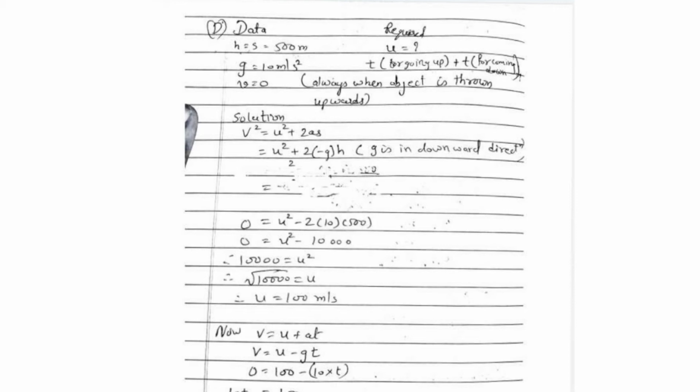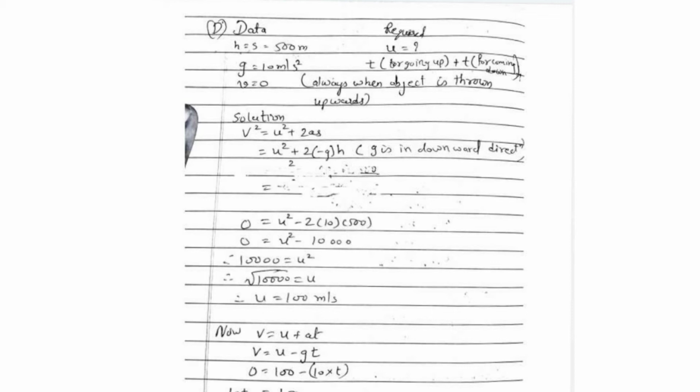So the formula is U square plus 2AS. So U square तो है ही, correct? 2 into A is nothing but minus G. A की जगह पे माइनस जी है और S की जगह पे H है. So what is the exact thing when you substitute?